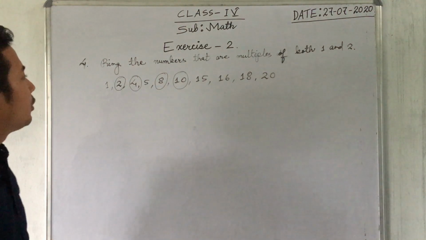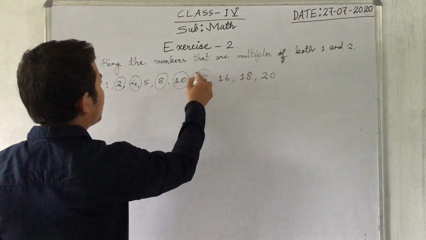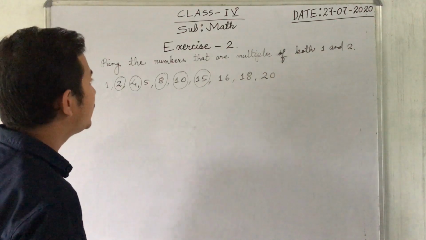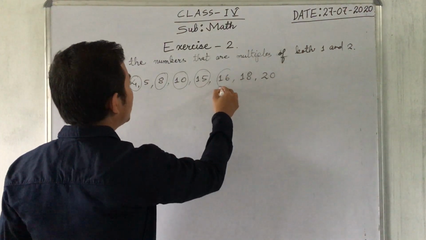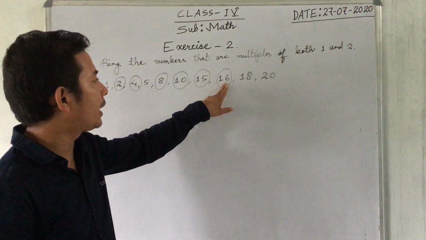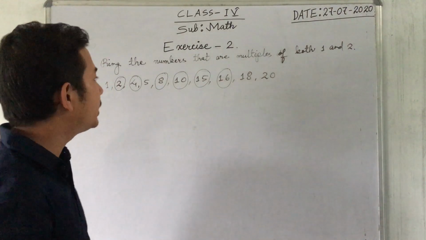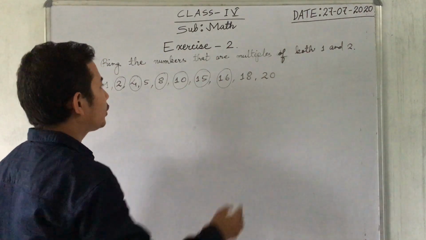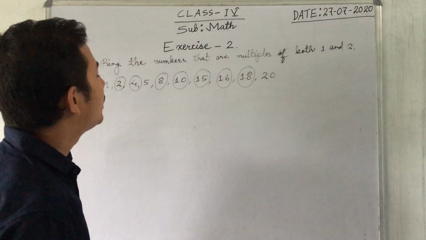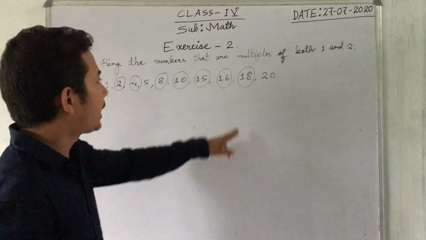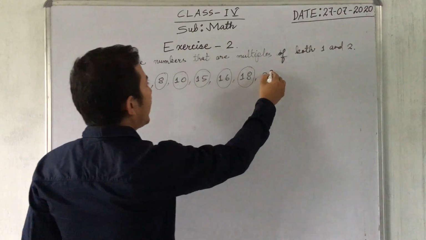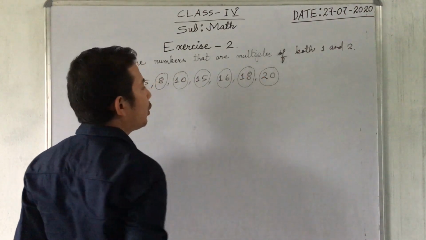But 15 is not a multiple of 2. 15 is a multiple of 1 but not a multiple of 2. 16 is a multiple of 1 and 2 both, because 16 times 1 is 16 and 8 times 2 is 16. 18 is also a multiple of 1 and 2 both because 18 times 1 is 18 and 9 times 2 is also 18. So we have to ring 18 as well, and 20 is also a multiple of 1 and 2 both.